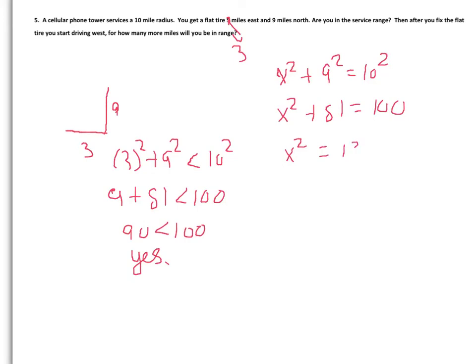Get x squared equals 19. Take the square root of 19. So you would have approximately 4.35 miles to be able to travel west. Okay?